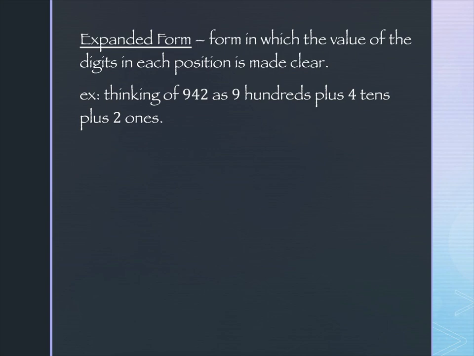So the first thing I want to look at is what expanded form is. Expanded form is a form in which the value of digits in each position is made clear. So instead of thinking of 942 as an all-together number, you think of it as 9 hundreds plus 4 tens plus 2 ones.